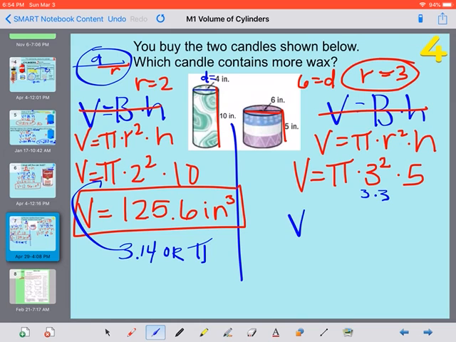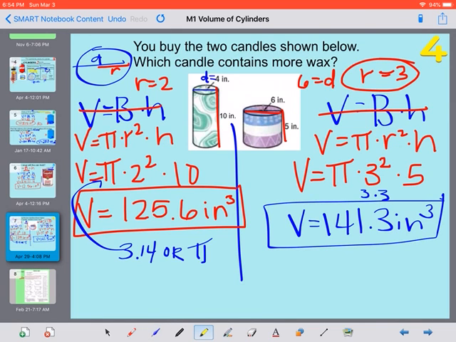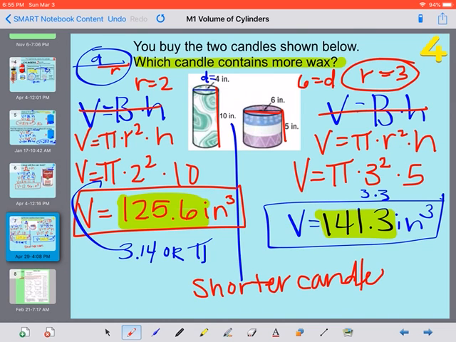And I get a volume of 141.3 inches cubed. So which candle contains more wax? This one contains 125.6, and this one contains 141.3. So your answer would be the shorter candle, or the candle on the right, or something to show how you know which one has more wax.